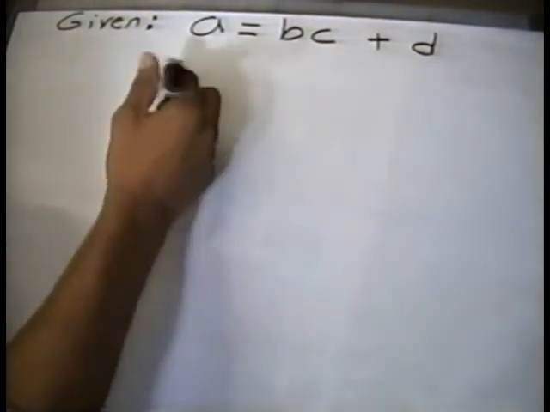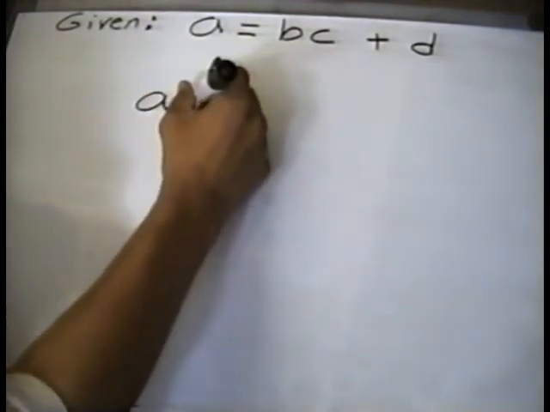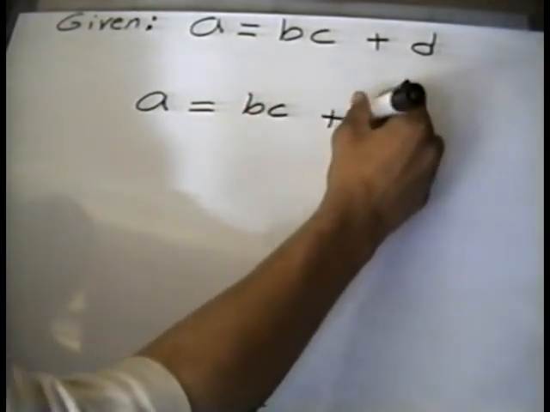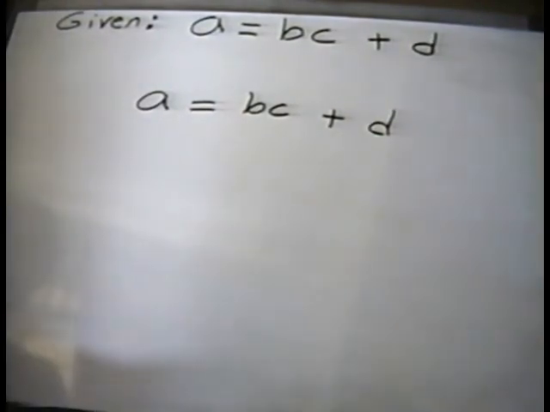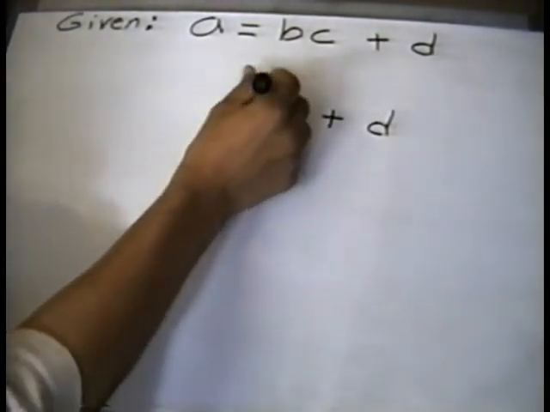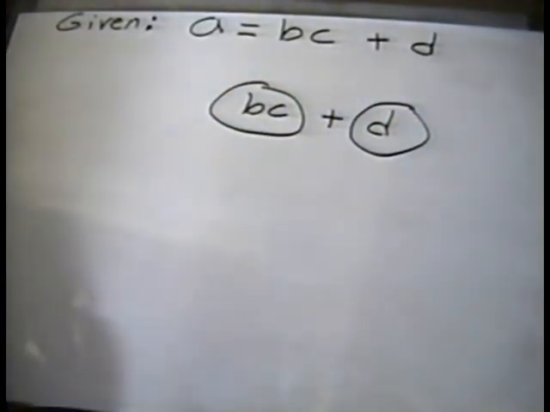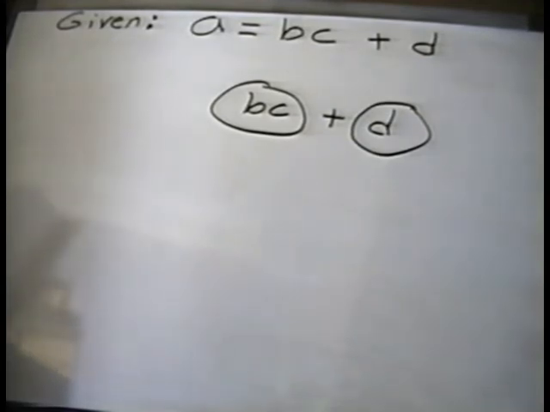Now, if we're given an expression A equals BC plus D. Now here, let's discuss just that right side of the equation here.